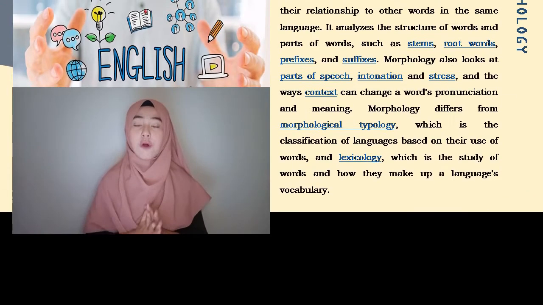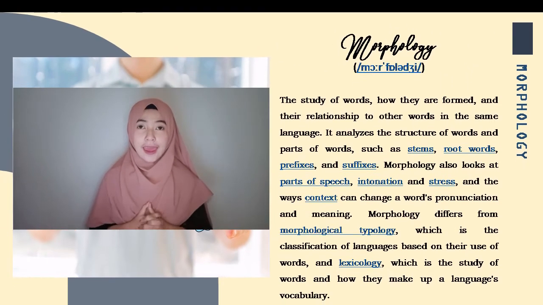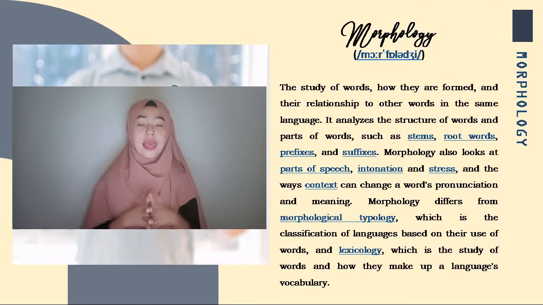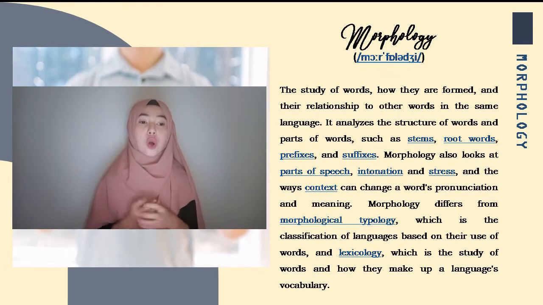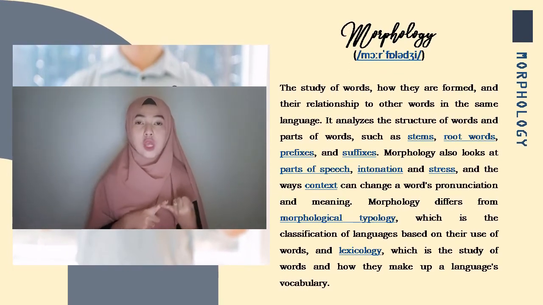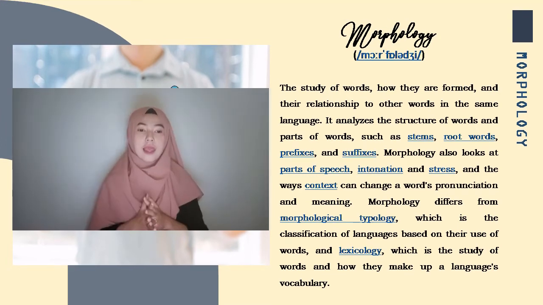Okay, before we discuss kinds of morpheme, first we must find out what morphology is. Morphology is the study of words, how they are formed, and their relationship to other words in the same language. It analyzes the structure of words and parts of words, such as stems, root words, prefix, and suffix.